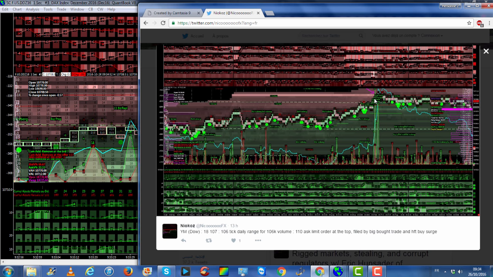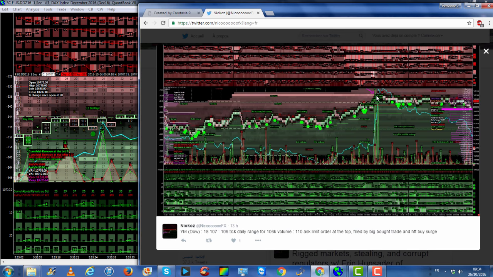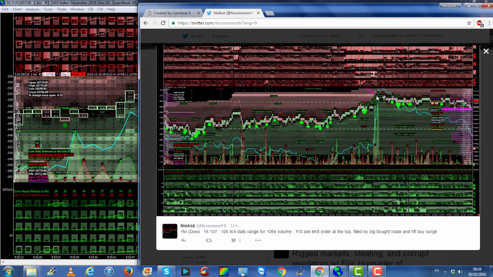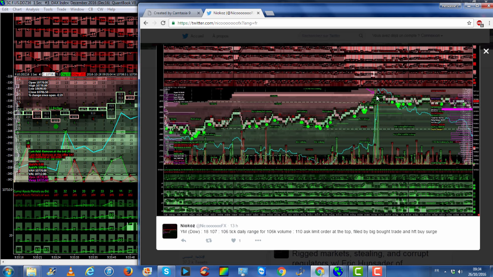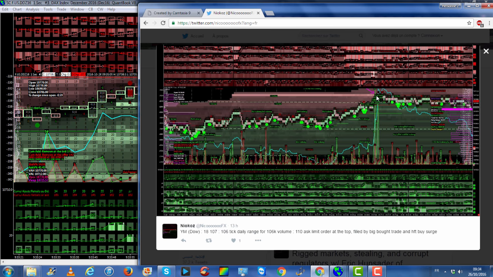lifts it, you could see that this big order was filled, totally filled, and so you could think that these buyers are probably buying the top of the price.